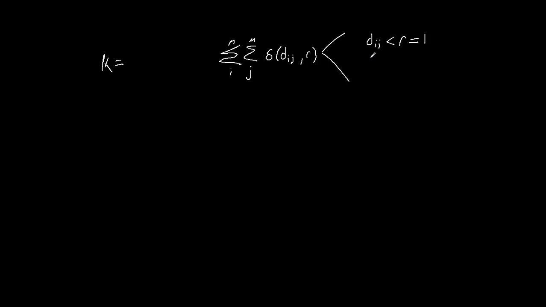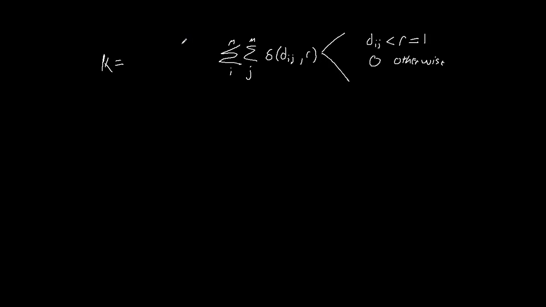We're going to keep it. It's 0 otherwise. So this is a fancy way of counting up only those distances that are within that radius. So this is very similar to what we saw before.